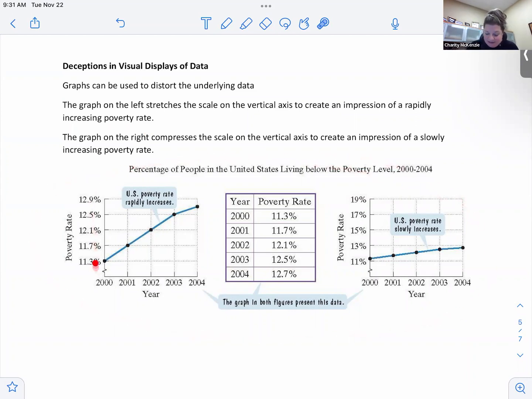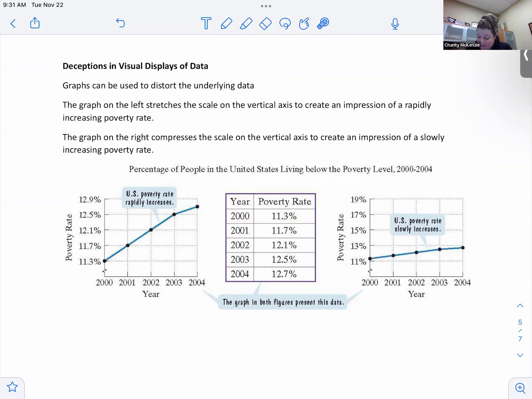What they did here was separate the ticks by barely any amount each time versus bigger here, so that this will show a bigger rise, when really it's like pinching down and opening up the graph. I could scroll in and make it look like the poverty rates are rapidly increasing, or I could scroll out and say, they're not really growing that much. And then you have a table, and this is the actual data.